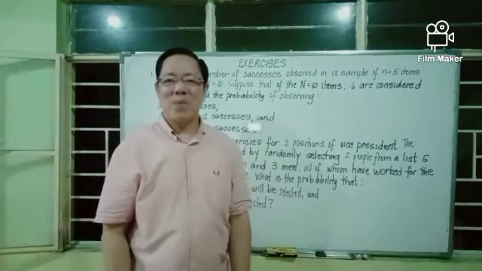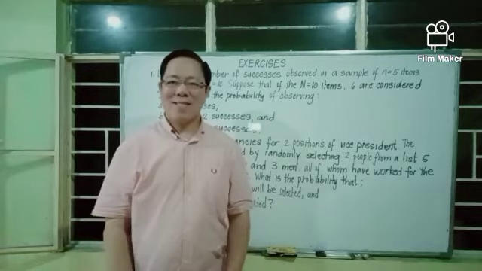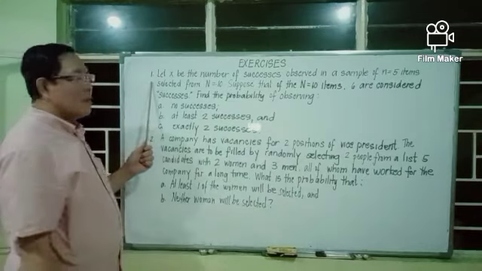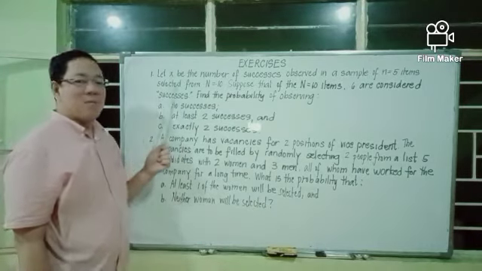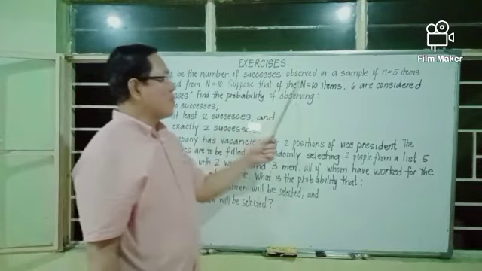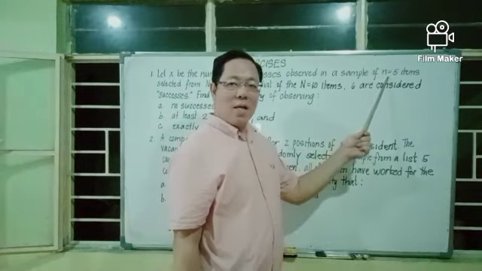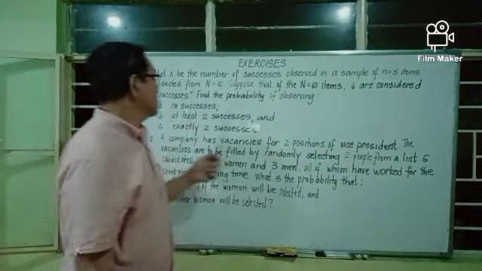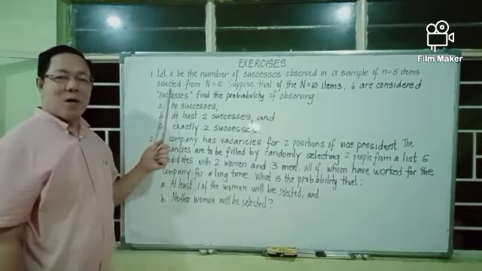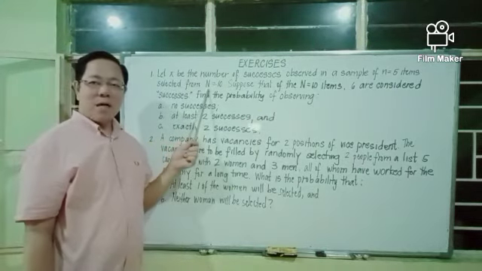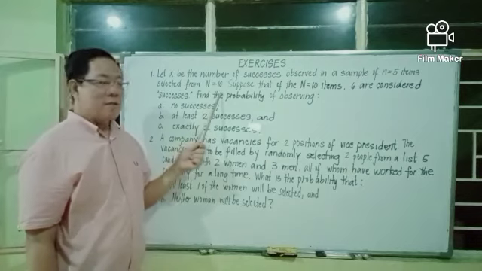For your practice, please try the following exercise. 1. Let x be the number of successes observed in a sample of n, small n, equals 5 items, selected from capital N equals 10.